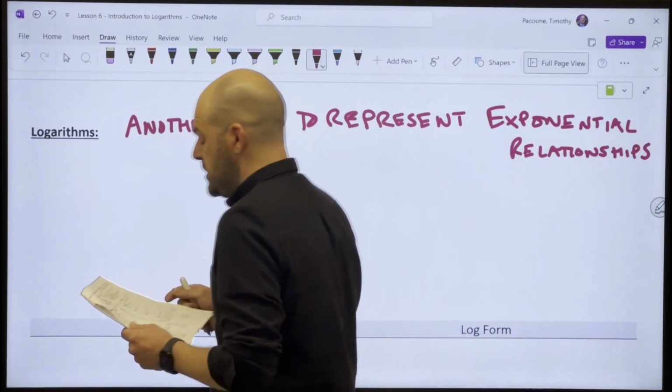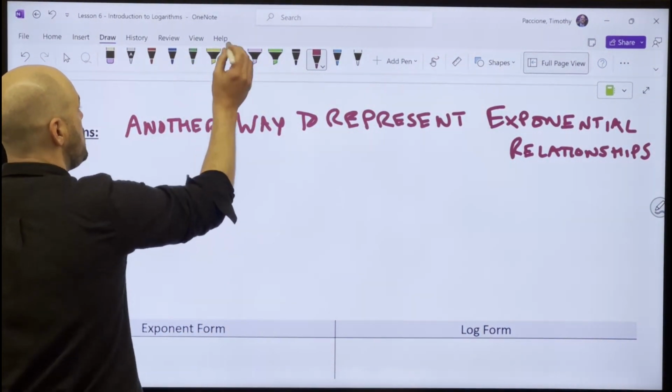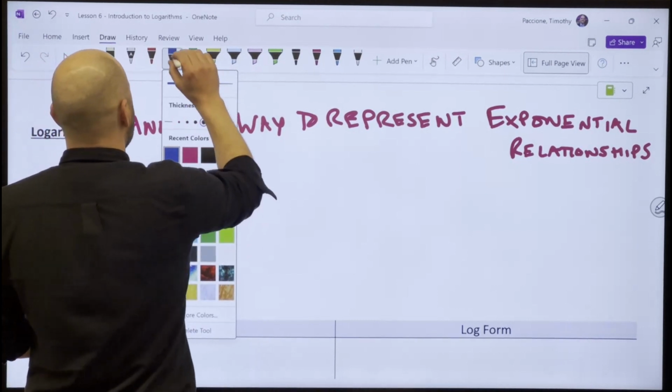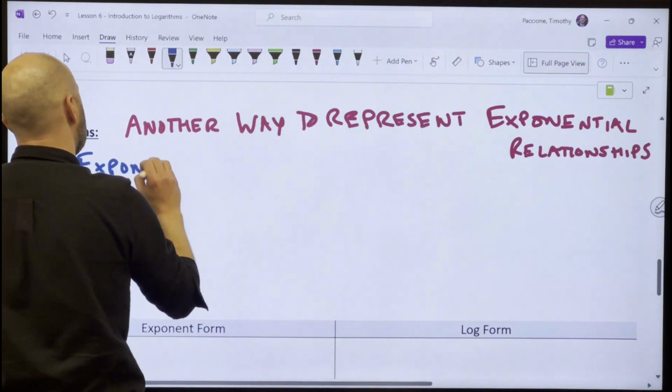Okay? It's just a different way to do that. So before we go to the logs, let's talk about the way we know already, so how do we talk about exponential relationships already?